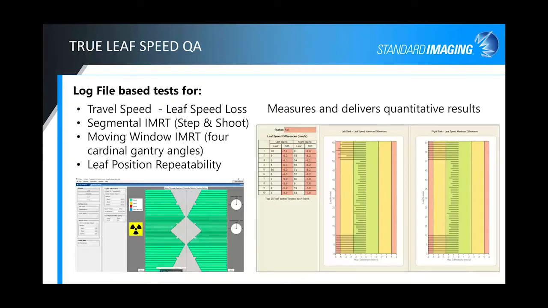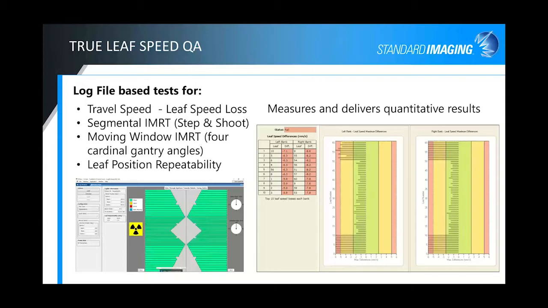The leaf speed test, we utilize log files and it gives you a result for travel speed, and it's an actual leaf speed loss. So it's an actual individual check of each individual leaf. It's not done like some of the other systems out there, which give you basically an average result of the total leaf movement.